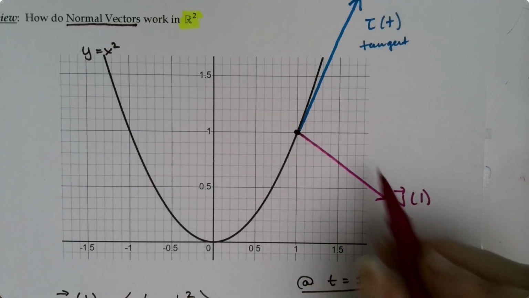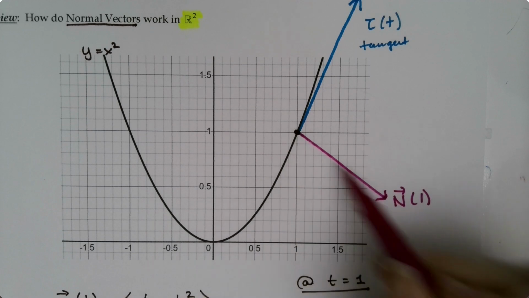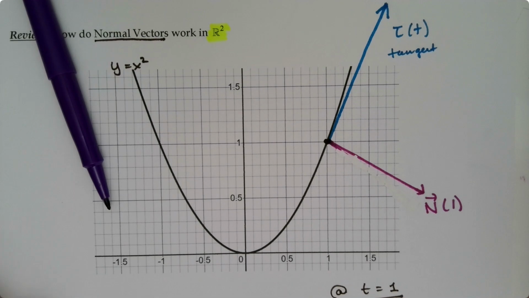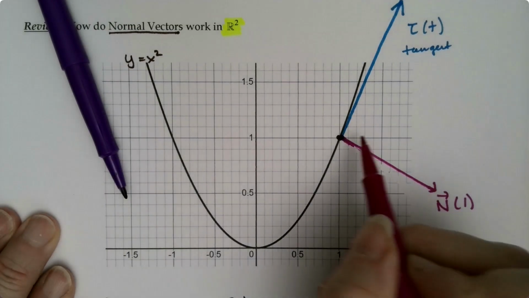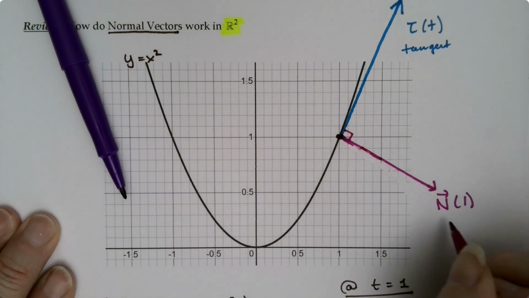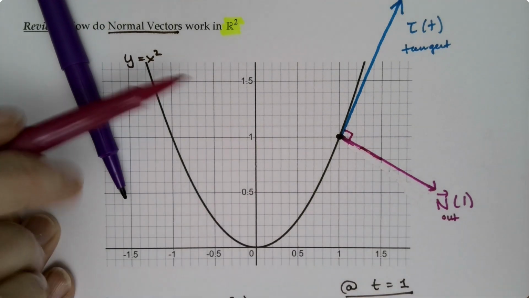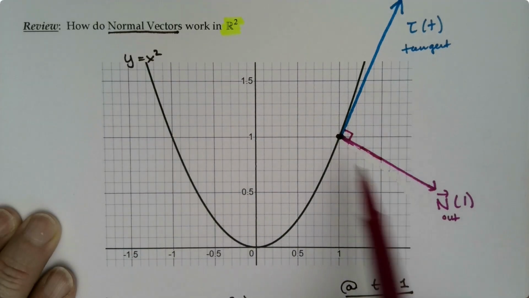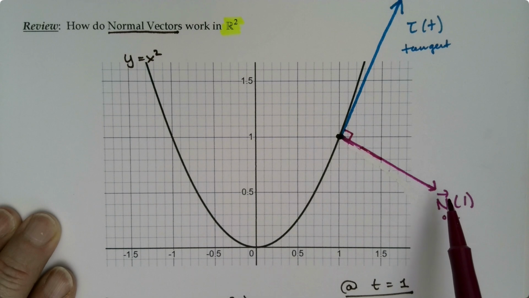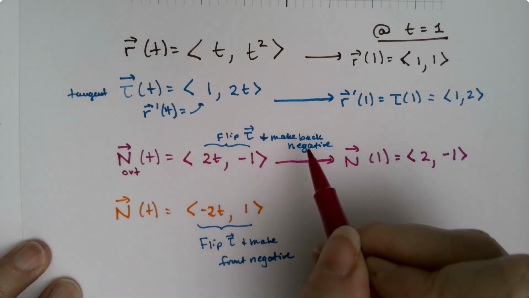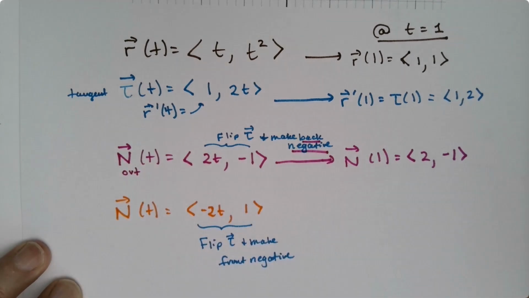So you're pointing out against the curve. I'm trying to draw it so it makes a 90-degree angle so you can see it better. So this is the normal vector, but this is pointing away, outside. There's a concavity to this curve, and we're pointing out to the outside of that curve. So this one's the out one. When you make the back number negative, it makes it out.